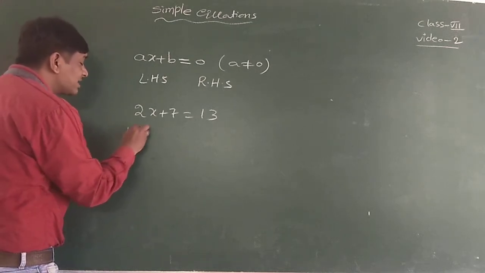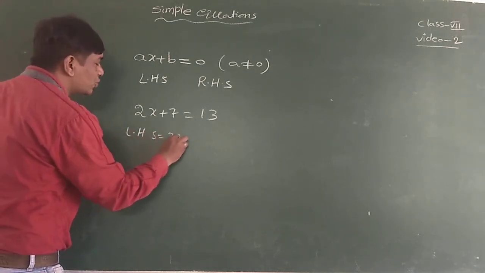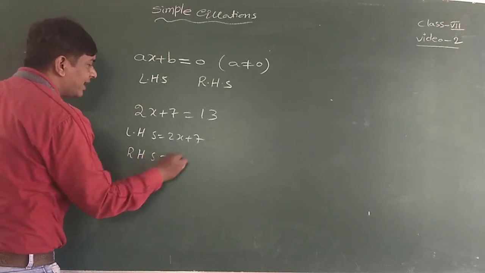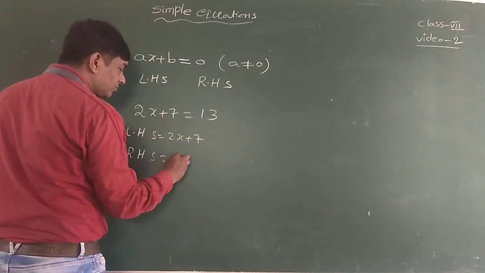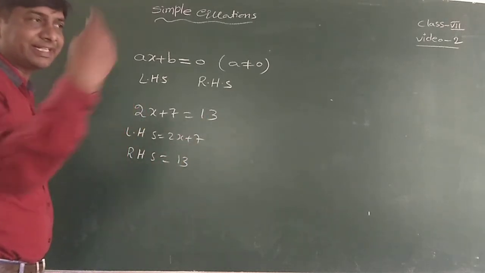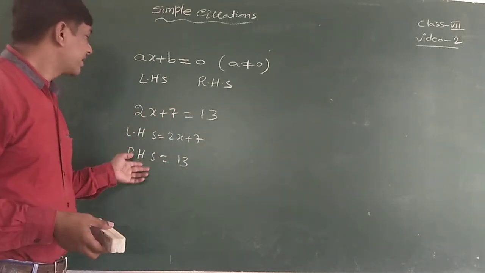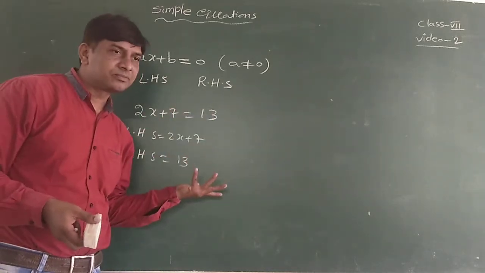Here the left hand side is 2x plus 7, and the right hand side is 13.